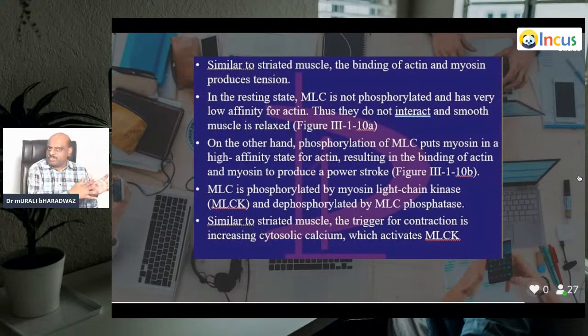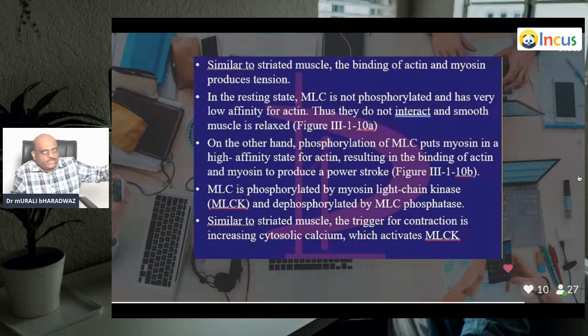So similar to striated muscle, even in smooth muscle, the binding of actin and myosin is responsible for generating the contraction and tension. In the resting state, the myosin light chain is not phosphorylated, and it has a very low affinity for actin.